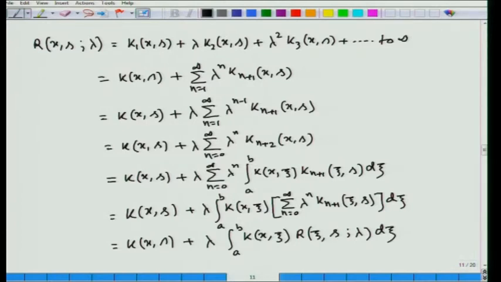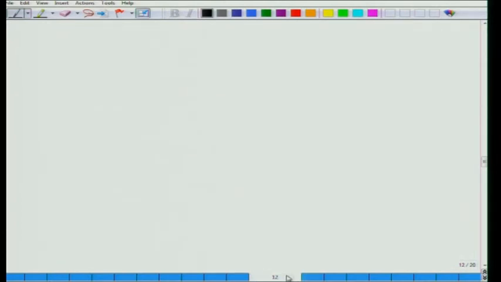Now, we are going to consider an algebraic method where we have to solve a system of linear equations, and by solving that system by some technique, we can find the solution of the Fredholm integral equation, which is a non-homogeneous Fredholm integral equation with a degenerate kernel.